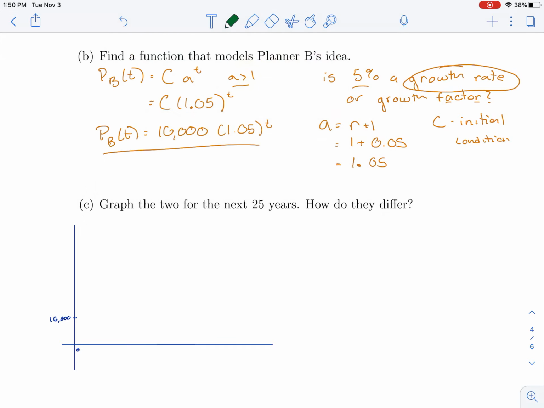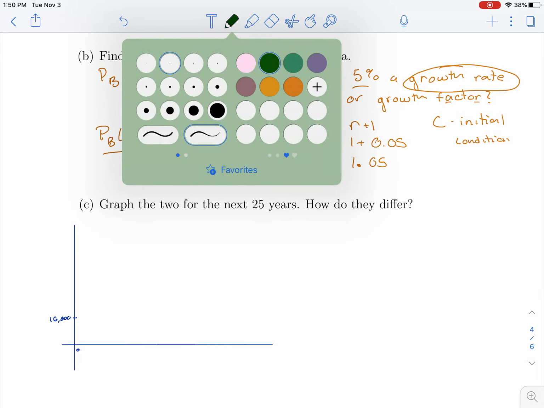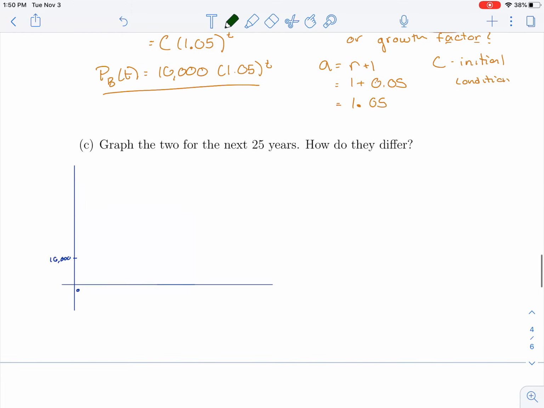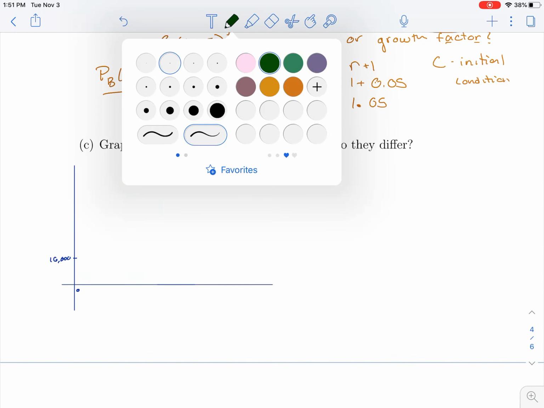So let's do A first, P sub A, 500T, so over the next 25 years.